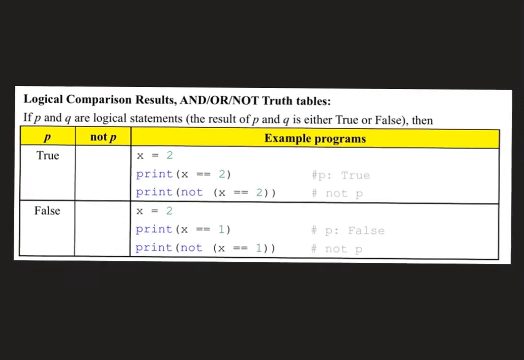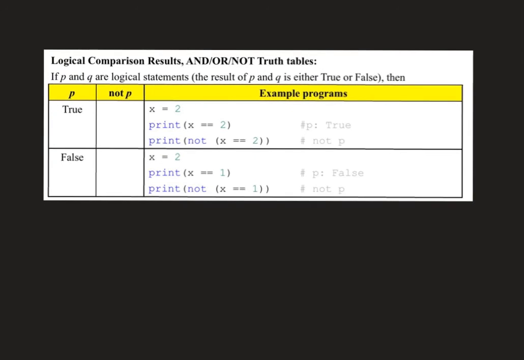Now let's take a look at some logical operators. Actually, we need to learn at least 3 logical operators. The first one is NOT. This one is very easy. NOT is the opposite of the original value.